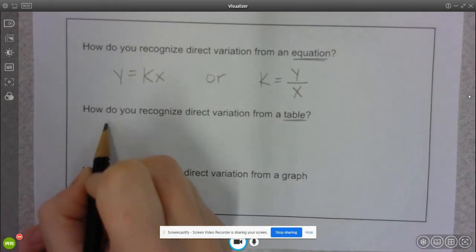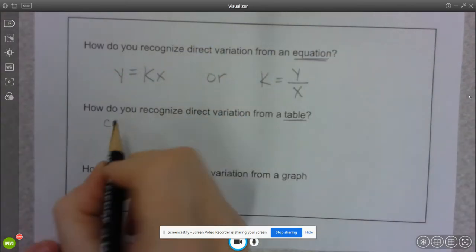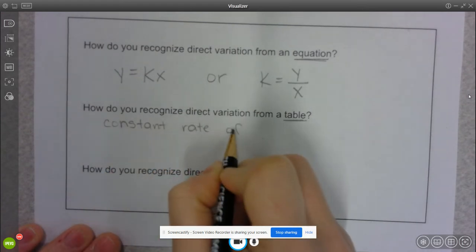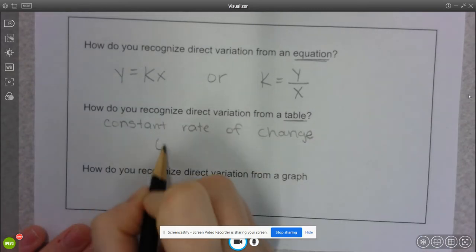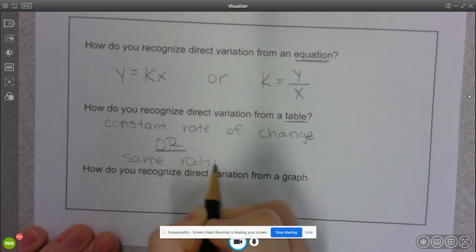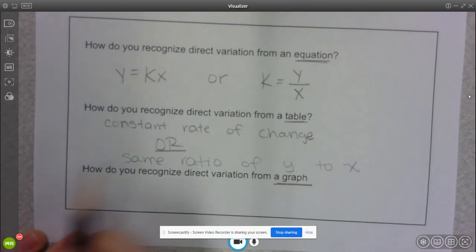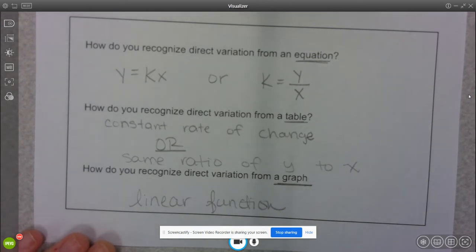If I'm looking at a table, I'm going to look for a constant rate of change, like looking for a linear pattern, or the same ratio of y to x. And for a graph, we want to find a linear function. So that's if it's direct.